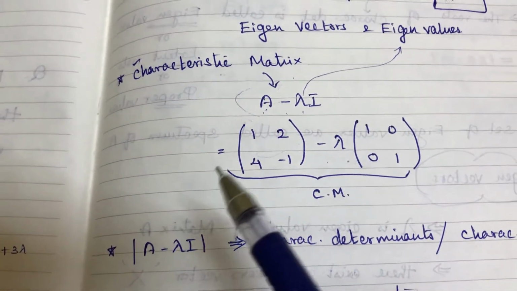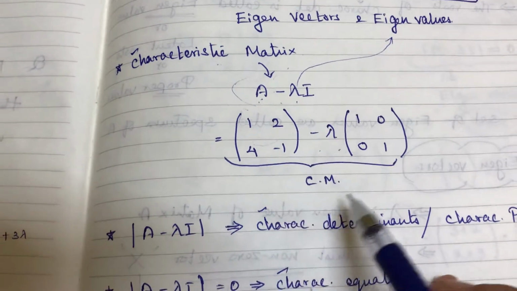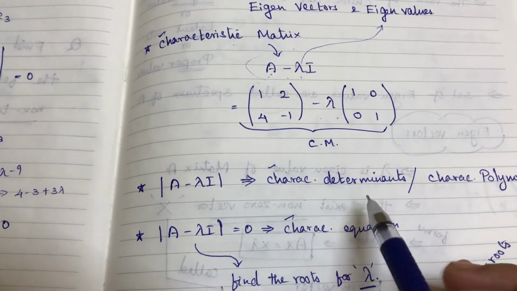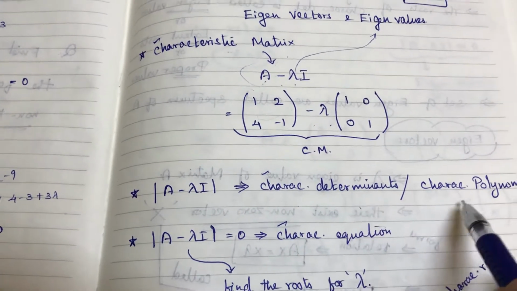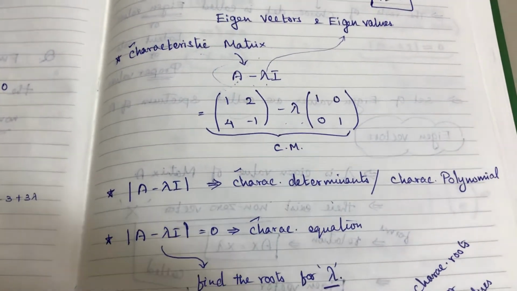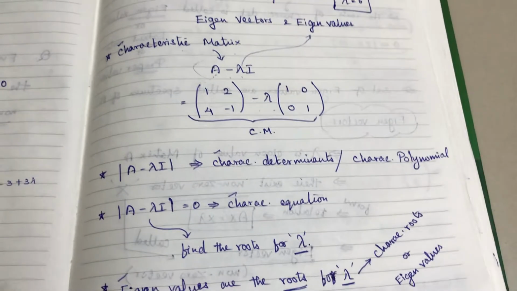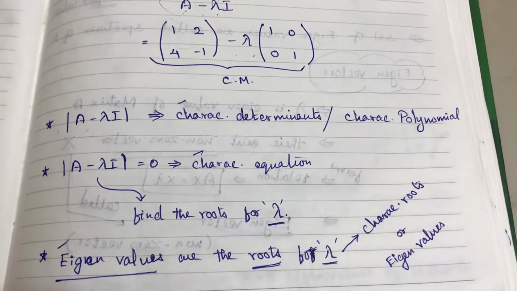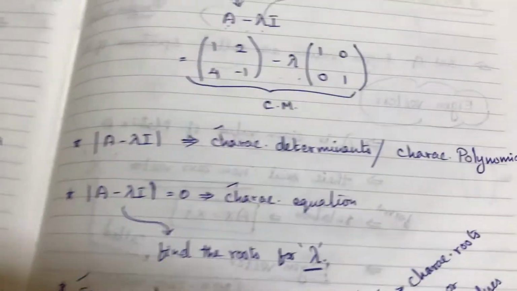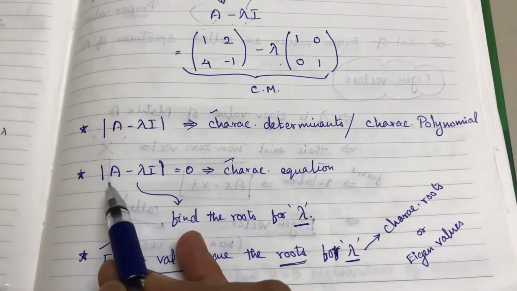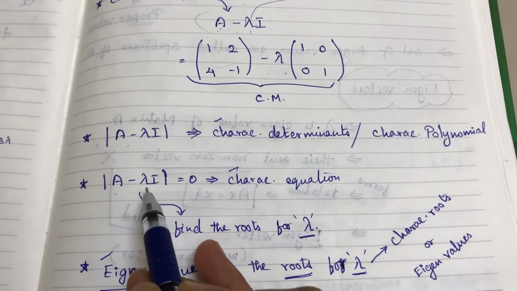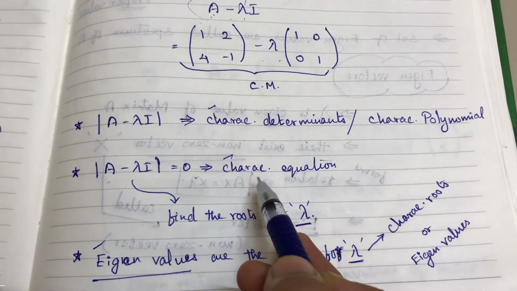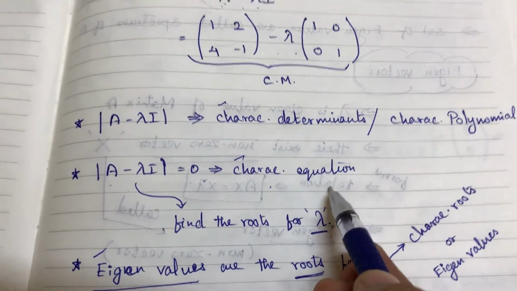If we take the determinant of this characteristic matrix, it forms the characteristic determinant or characteristic polynomial. The next thing: we make this determinant value equal to 0, and that is the characteristic equation.